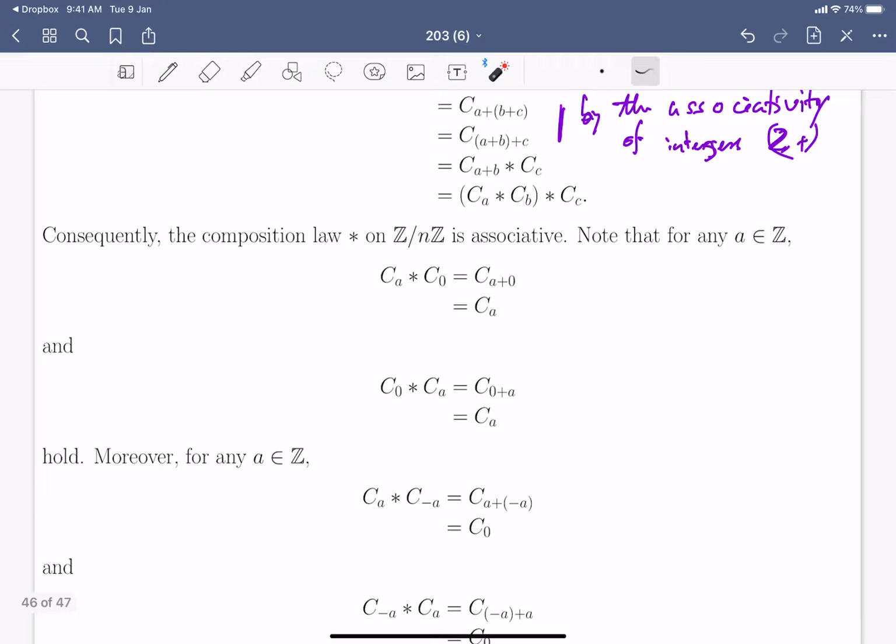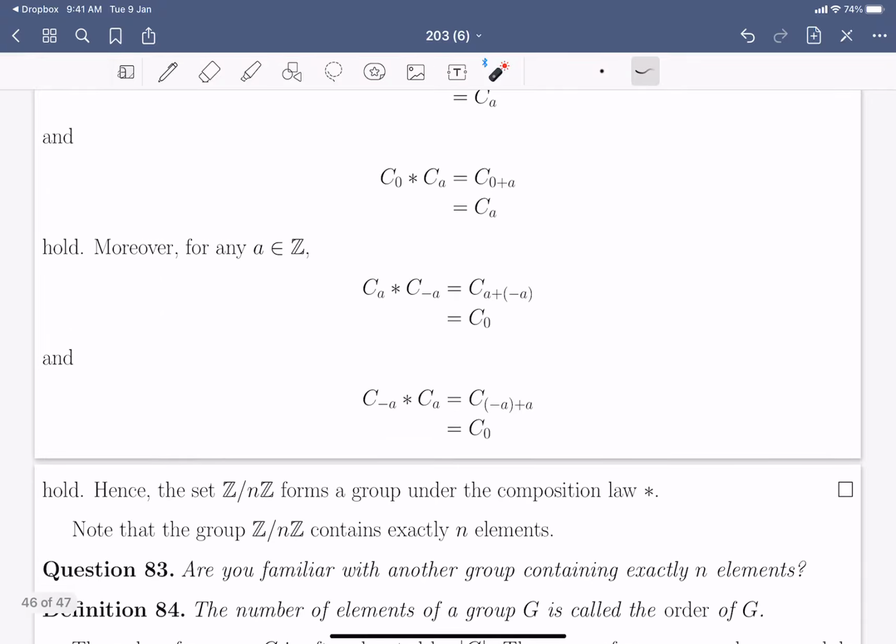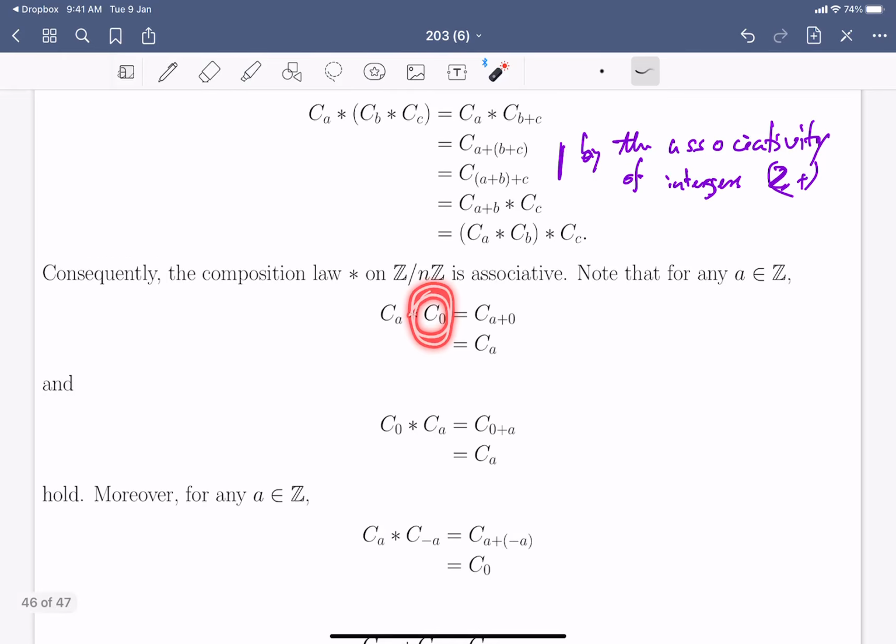And now we have to prove the existence of inverses. This statement is perfectly fine only as a slogan. So please be very careful. In the process of establishing that something is a group, you can't talk about inverses. What you have to show is that you pick one element C_A and then you find something such that when you combine them together using this composition law, in whichever order you may wish, you get back the element, your favorite element that you worked on in the previous step.